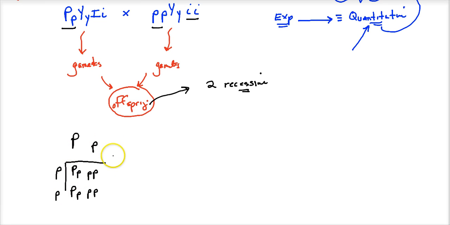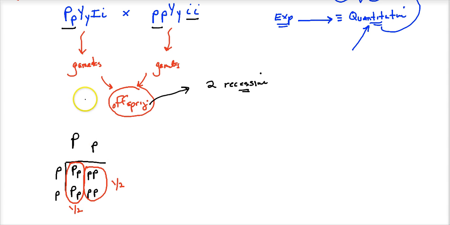Now, why did I do this? I want to look at this very carefully. You can notice that little p and little p would occur 50% of the time, or 1/2 of the time. Heterozygous here would be 1/2 as well.